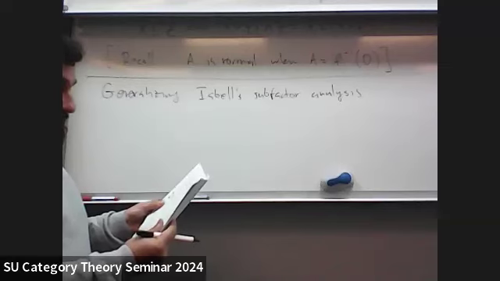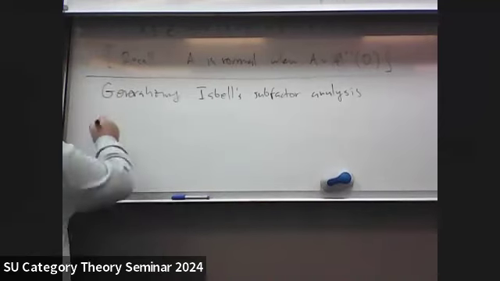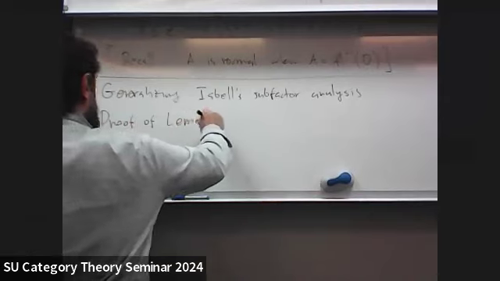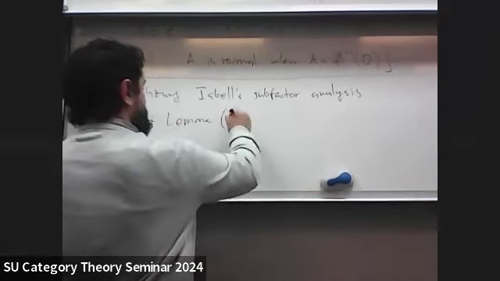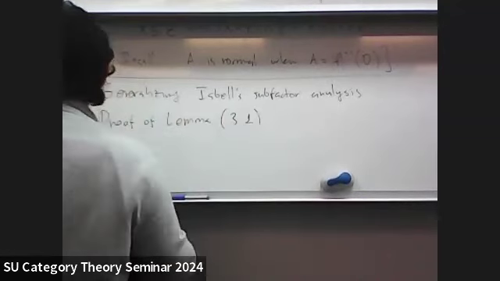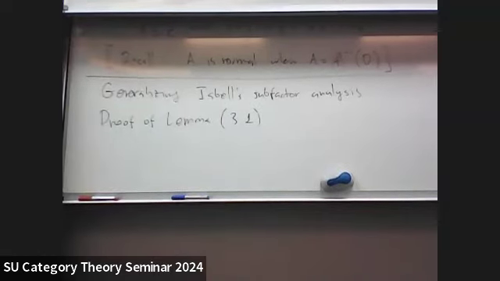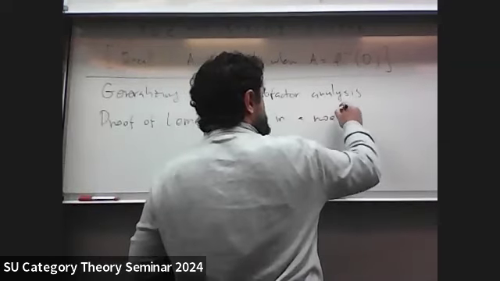Let me actually switch directly to the lemma to make it a bit quicker. To the proof, actually. So proof of lemma. It's 3.1 in the paper, but it is that lemma that we had on the first board. So let me put 3.1 there as well. So this will be a proof in the noetherian form.